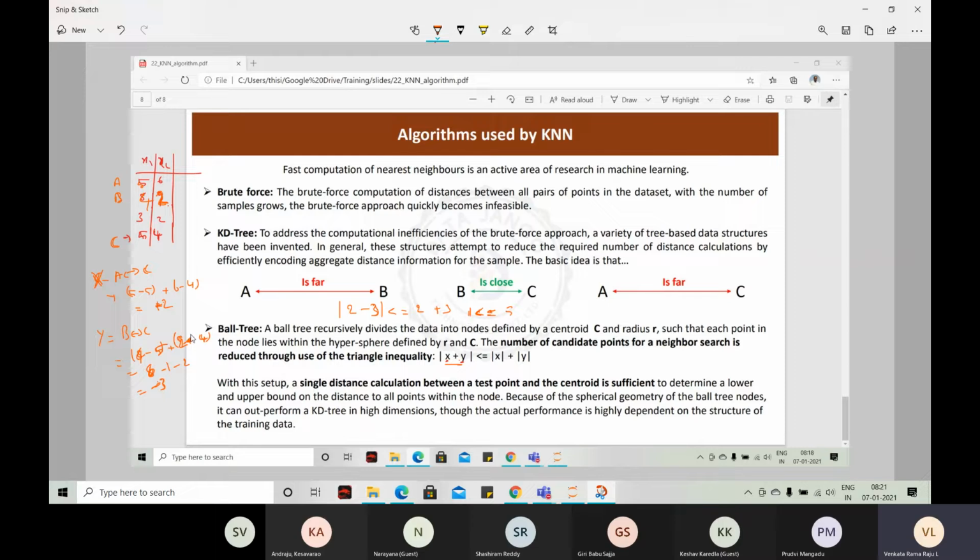So what does that mean? X and y are satisfying it. That means they are close. The number of candidate points for the neighbor search is reduced through the use of triangle inequality.